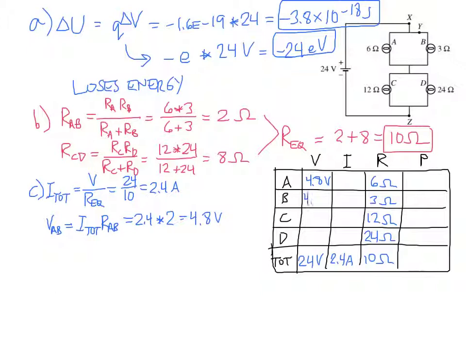and resistor B. And from that, we can figure out the current through those resistors.